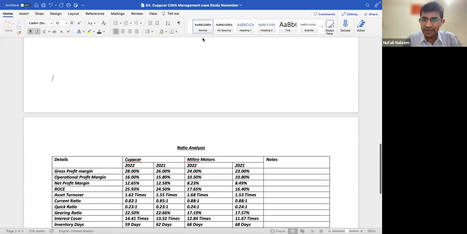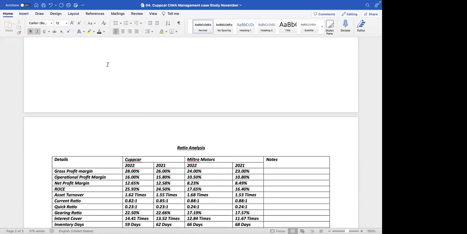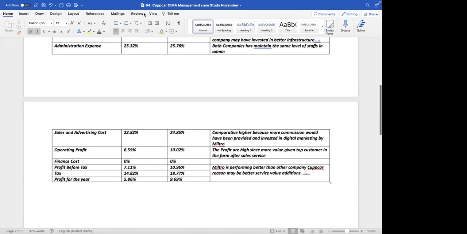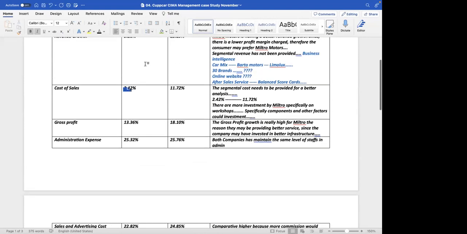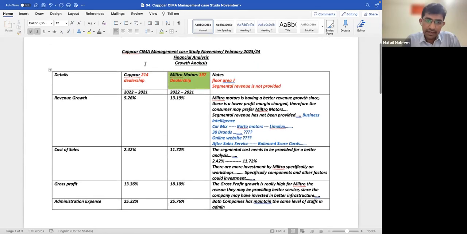Can I get a confirmation? Yeah, Sridevi, you can unmute and talk. Yes, please. Sir, can you scroll up a little? Yeah, administration expenses is equal between Cuppcarr and Miltro. It is 25% both. But if you see the dealership, number wise it's different.